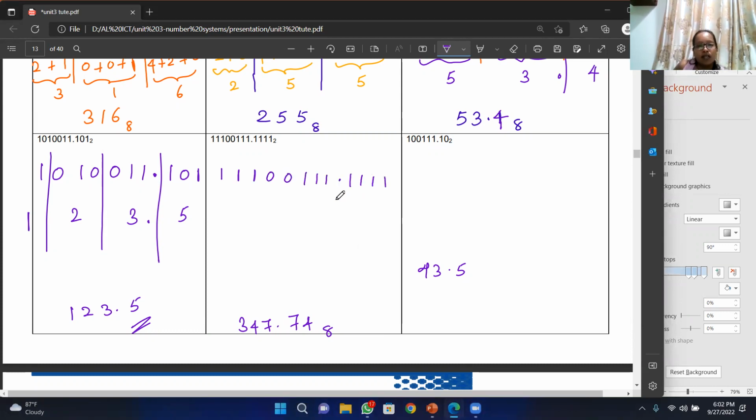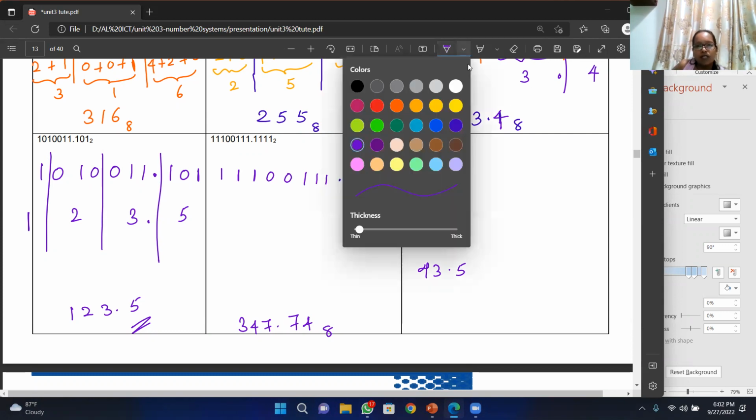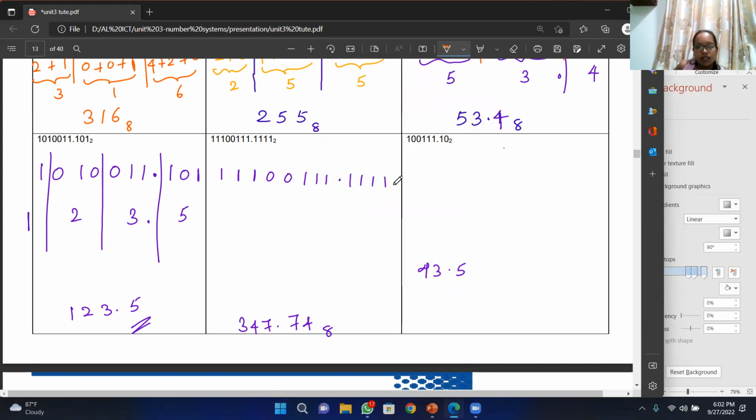00111.1111. Here again you have to add 2 more zeros to the right side. When you are grouping, you have to cluster or group 3 by 3.